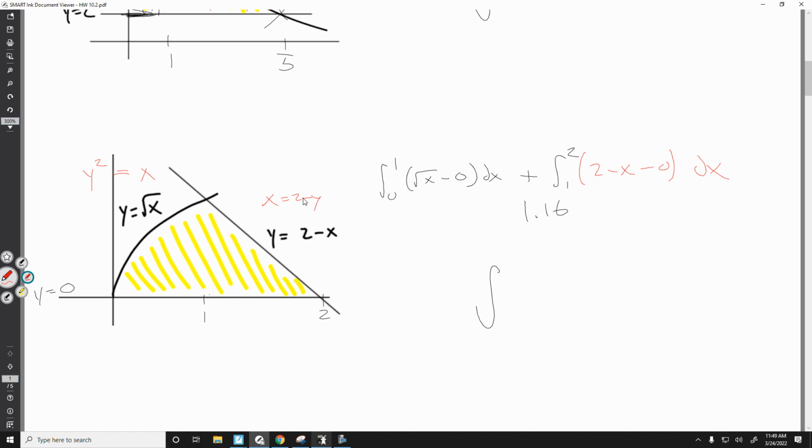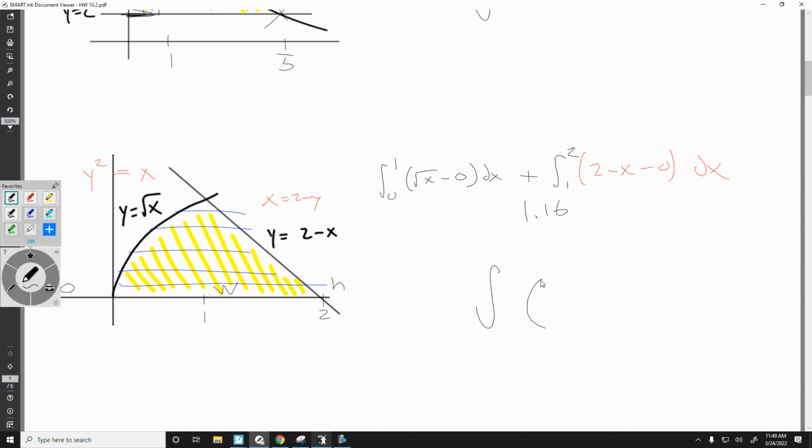Let's see if we can figure out the height. What do you mean the height? The height is dy. Horizontal. Draw it. See it. Width. Height.